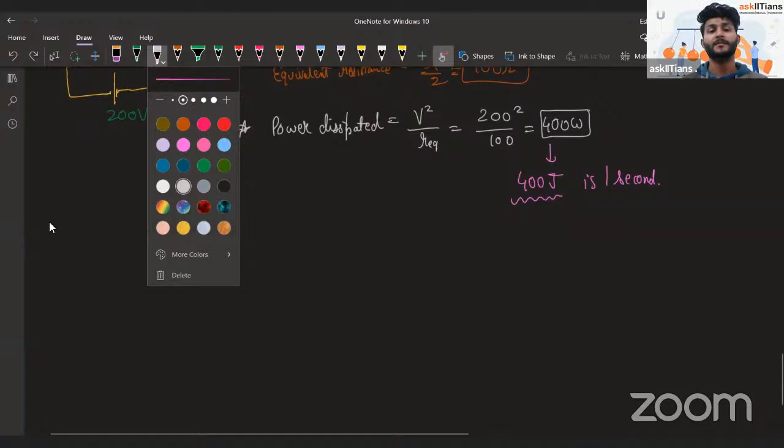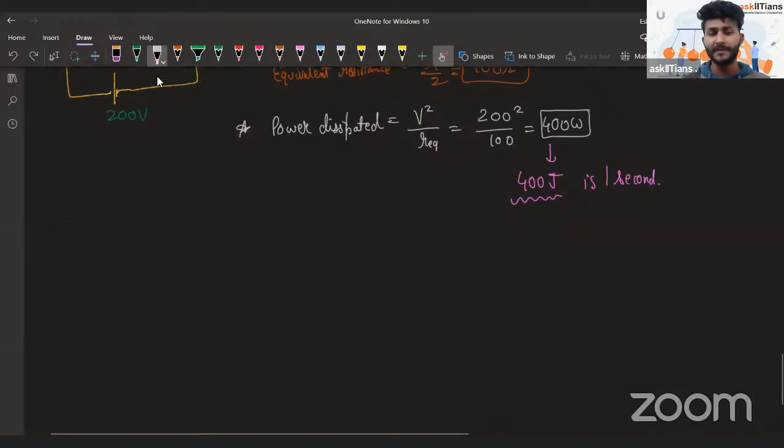We are moving to magnetism. And the most important question of magnetism is, what is magnetic field? Sorry, what are magnetic field lines? In fact, let me give all the questions.